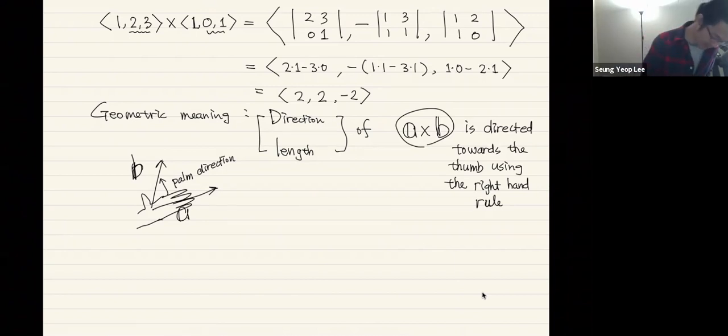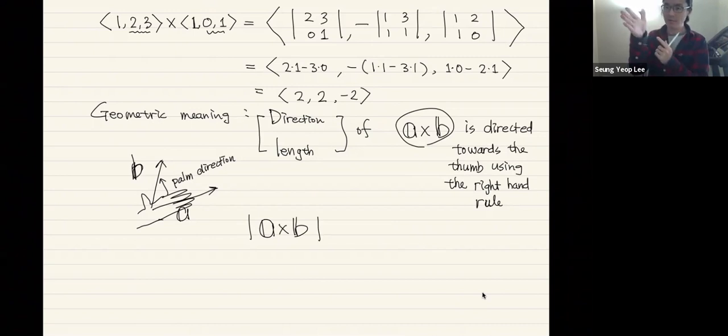What is the length? One more thing. If I have 2 vectors in the same direction, then the forefinger is A and the palm cannot be B because it's the same direction. So if both vectors are in the same direction, then A cross B is 0.